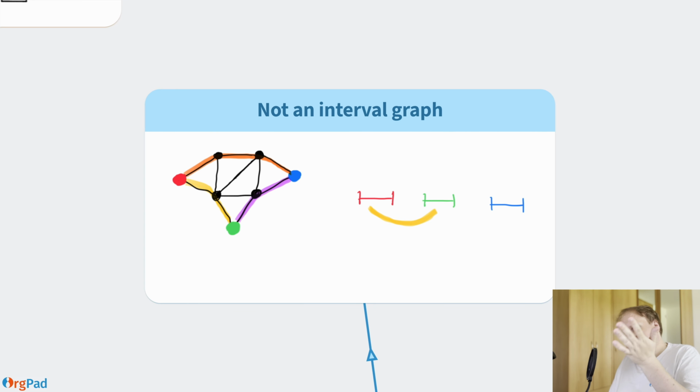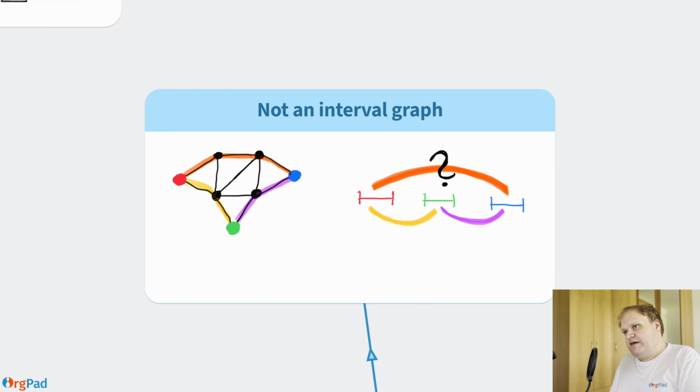Okay, we can represent the yellow path like this, and the purple path like this. But now it is no longer possible to add the orange path, because the orange path should cross from red to blue, but it avoids green and all of its neighbors.